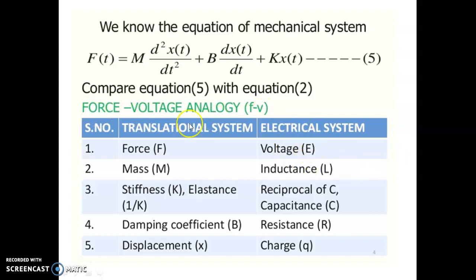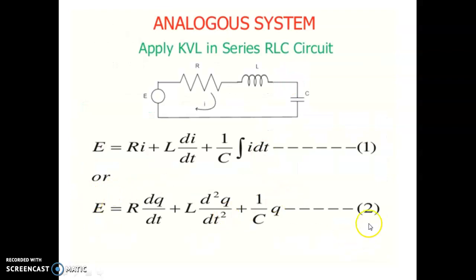Here V will be replaced by force, inductance by mass, reciprocal of C by 1 by K, right? So it becomes f of t is equal to m d square x of t by dt square plus b dx of t by dt plus k x of t. So in this equation, I am replacing the terms.